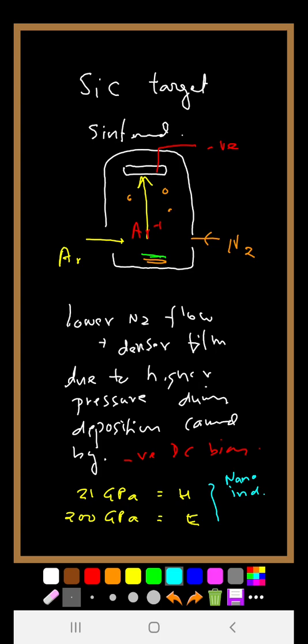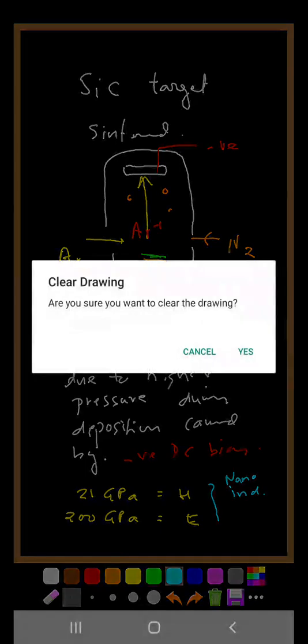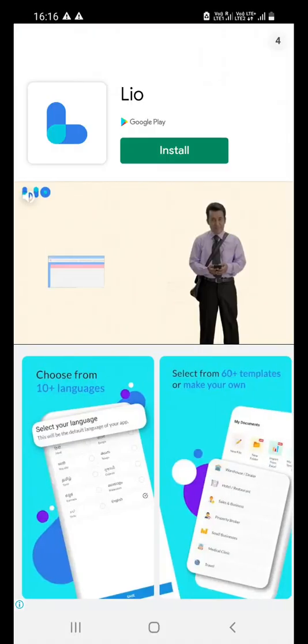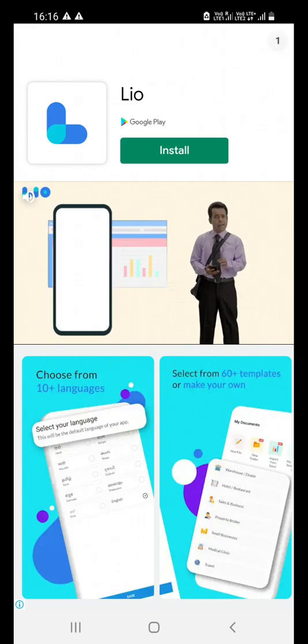Now the standard deviations of nano indentation experiments, they increase with increase in nitrogen flow.